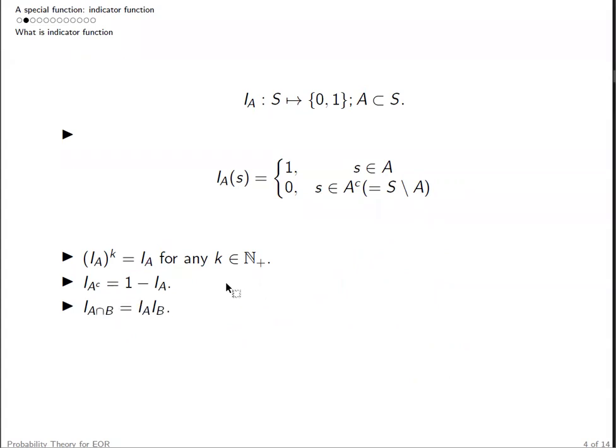The next property is the indicator function of A intersected with B. I given the intersection of A and B is equal to the product of I_A and I_B.